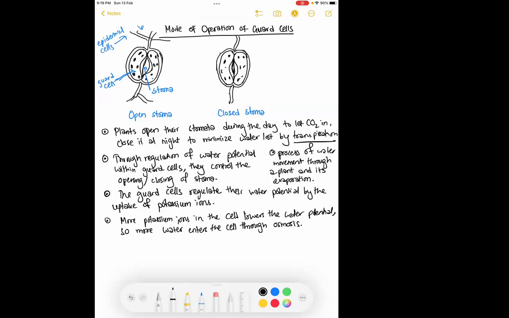So when water enters the cell, this side away from the stoma actually expands more than the side that is framing the stoma. And this causes the cells to become curved such that the stoma actually opens.